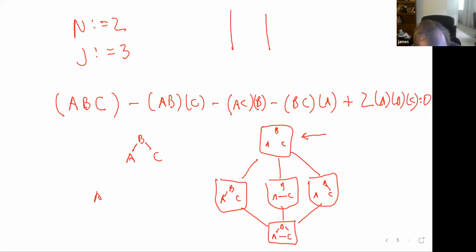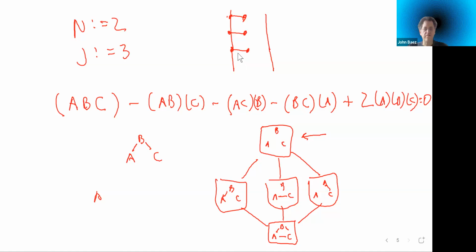So let's see. I guess there's three things. And right, this is the one that, after you Möbius invert it, should die off. Because it's got three things in the middle. Yeah. That's this one here. I think that's actually this.